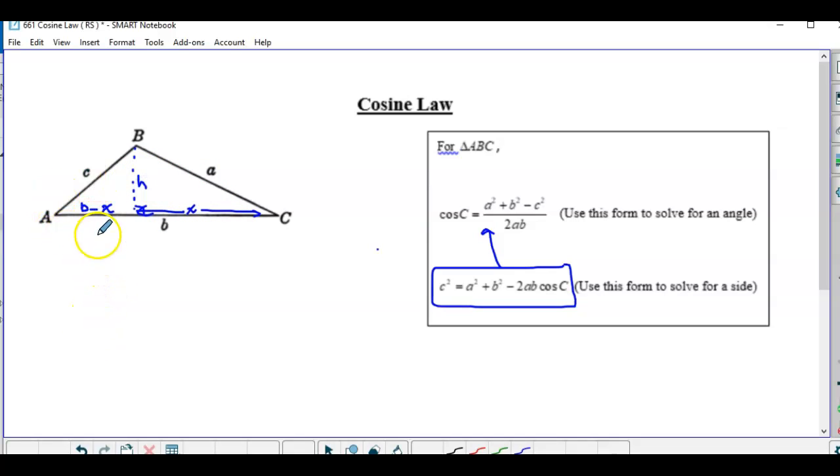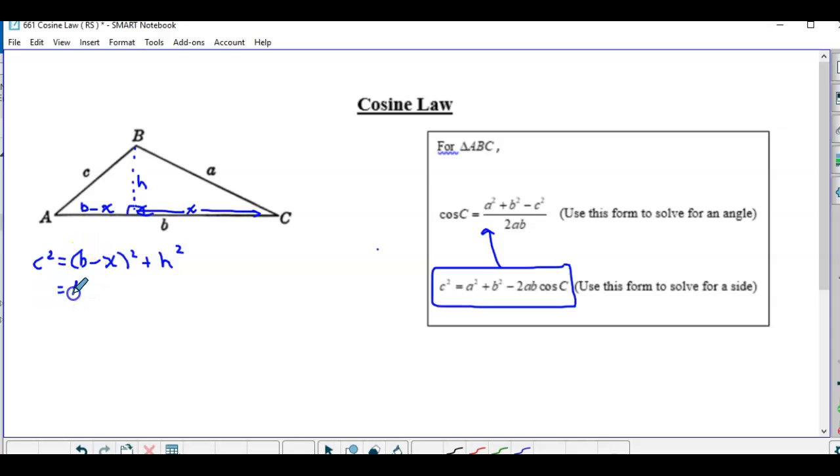So if we take a look in this right triangle on the left, using the Pythagorean theorem, we get c squared equals (b minus x) all squared plus h squared. Okay. Notice how this is c squared equals everything in terms of lowercase a and b and uppercase C. So obviously we've got a b there, but we've got some other stuff.